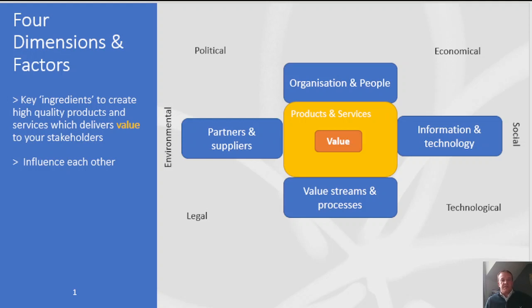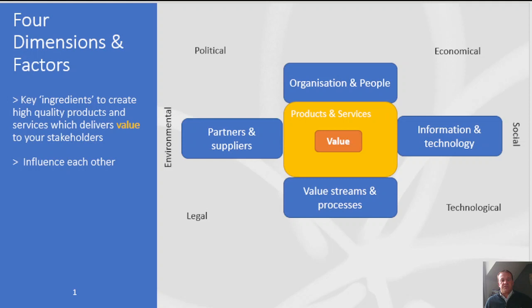So this session's a very quick overview of the ITIL 4 dimensions and the factors that have an impact on those dimensions. So in summary, this is showing the key ingredients that you need to create high quality and value giving products and services.